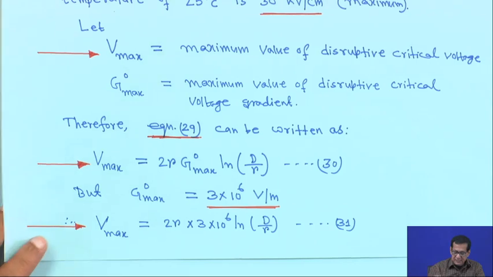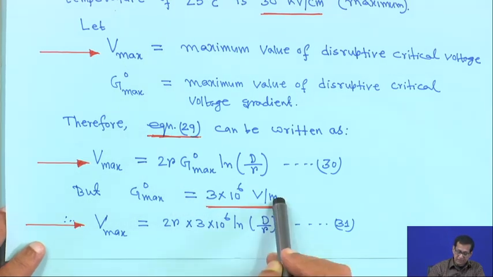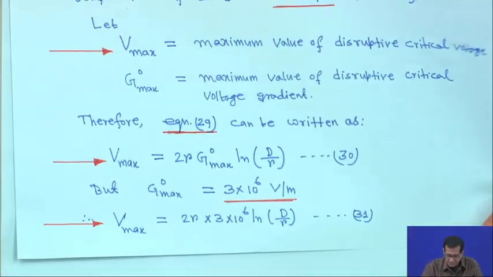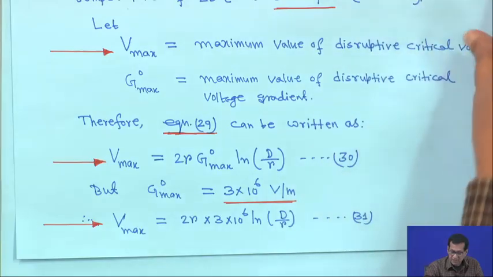Of course, R will be in meter, because we are writing it is volt per meter. So, this is volt. The RMS value of this maximum disruptive critical voltage will be divided by root 2.